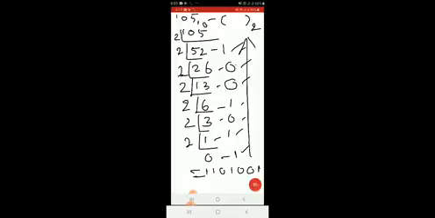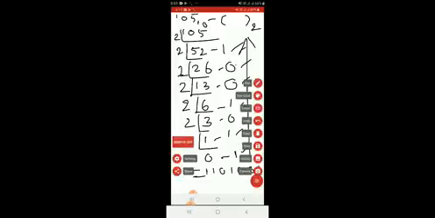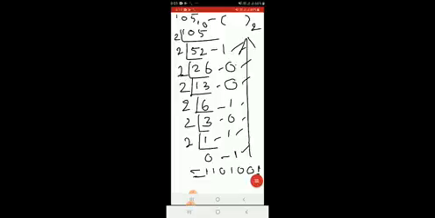Since it is a binary number, we have to put its base as 2. Here the number is 105, so we have to put its base as 10, since it is a decimal number.